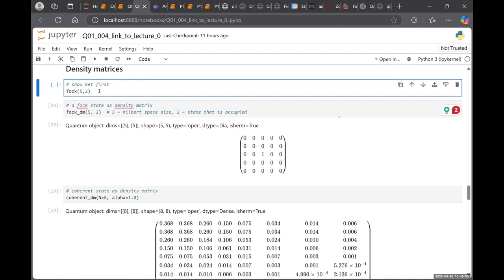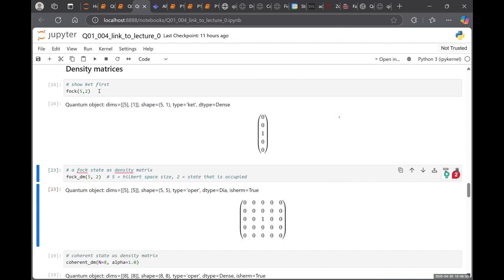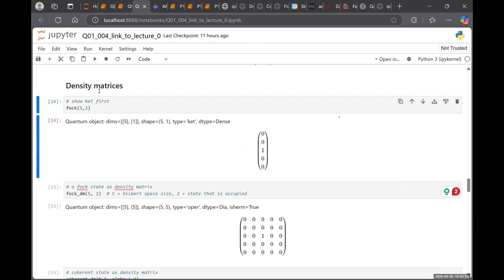Display this phi 2. This is the state. Right, and this is the density matrix. Take this times the row vector.